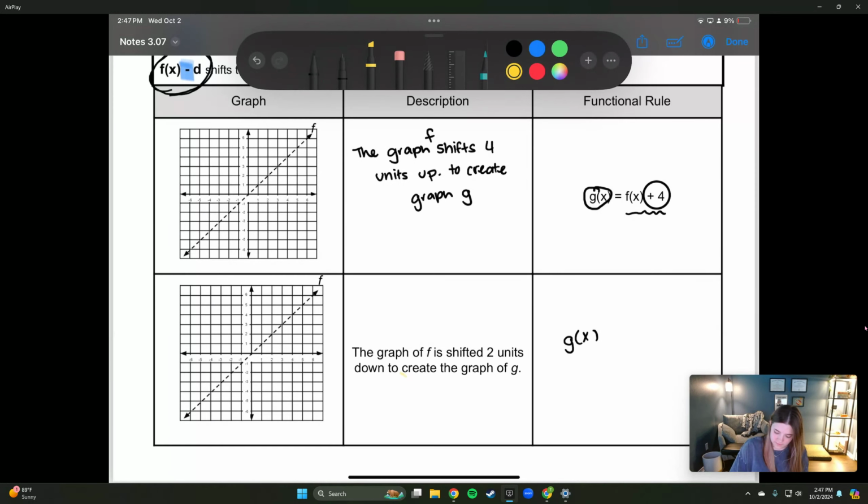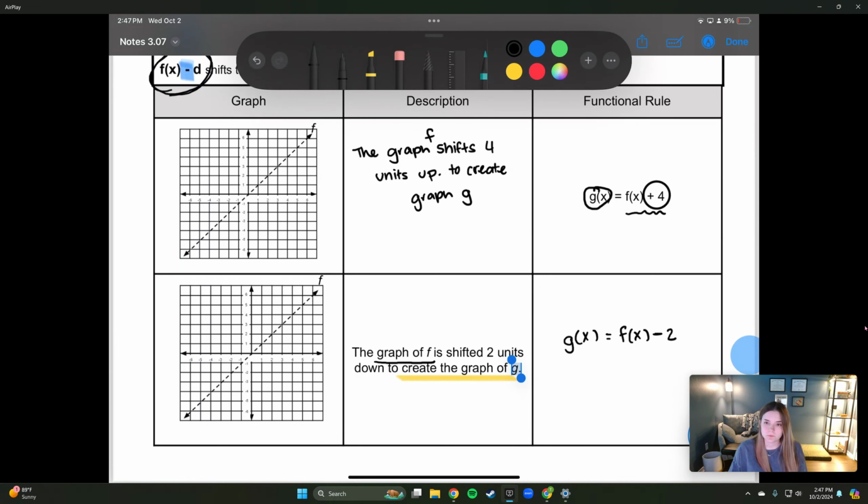It says create graph G, and then G of x is equal to, now the original graph was f. The graph of f shifted 2 units down. So now, instead of adding something, I'm going to be subtracting, and it said 2 units, so f of x minus 2. Okay, does that make sense?